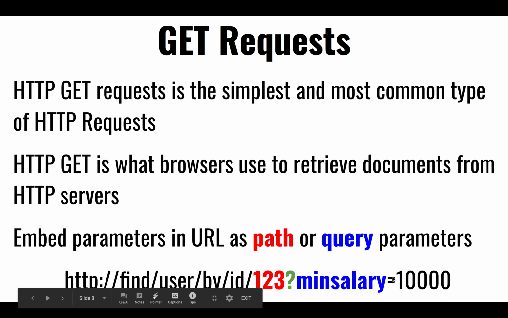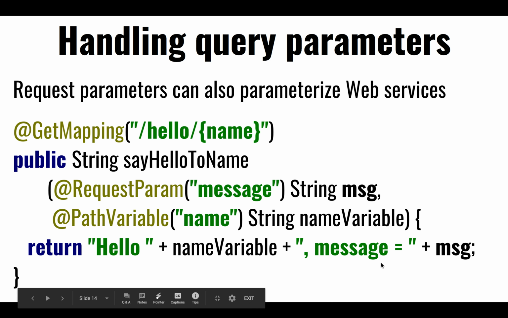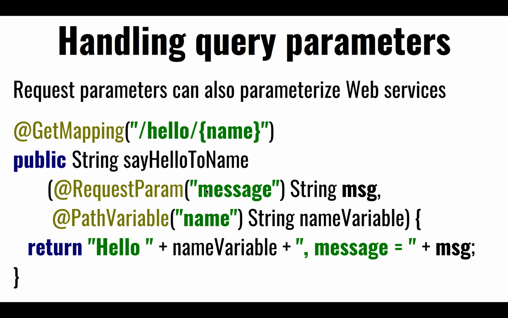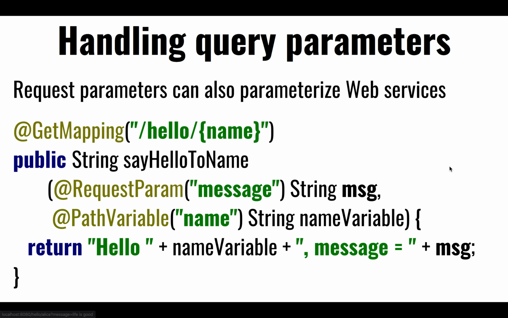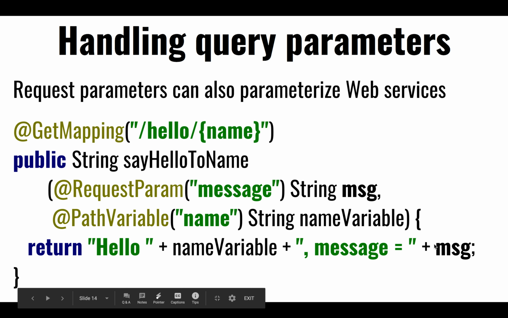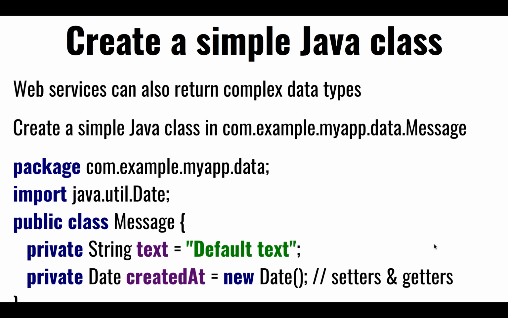Usually this is referred to as the request query, and we can parse it using the request parameter annotation, which allows you to refer to a particular name value pair, parse the value, and pass it to you as a parameter to the function. So here, for instance, we're passing a message equal life is good. We are reading that message and using it to concatenate a response to the client.